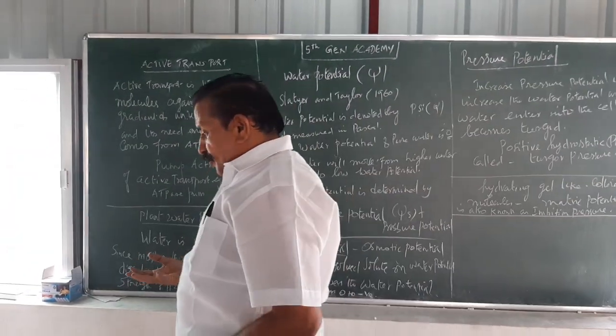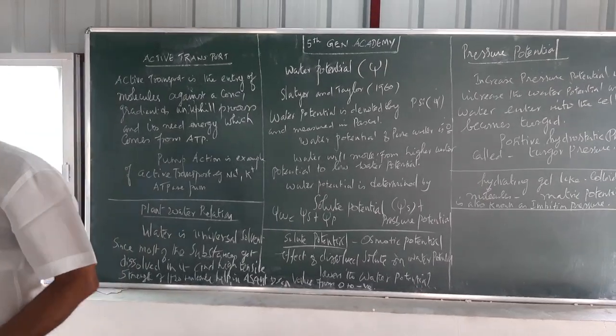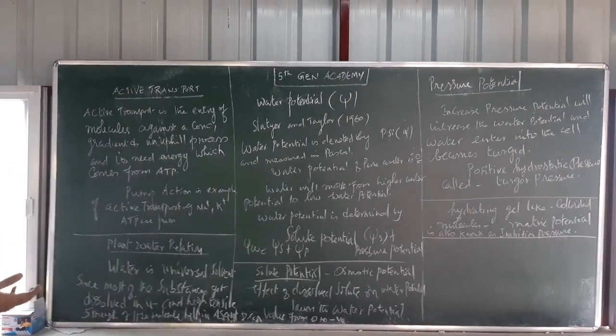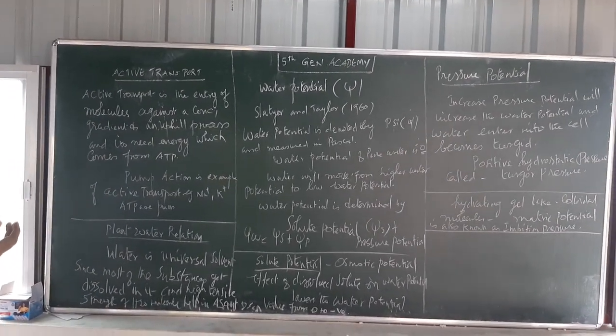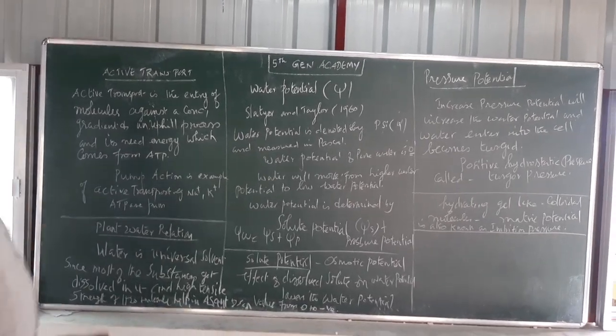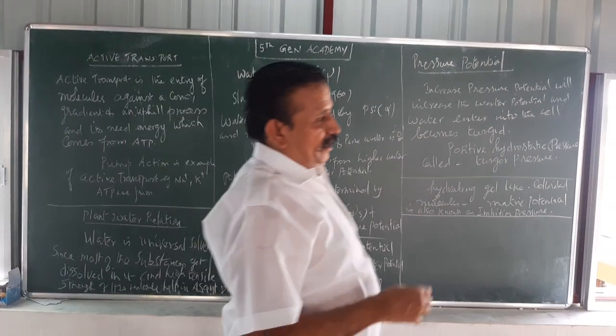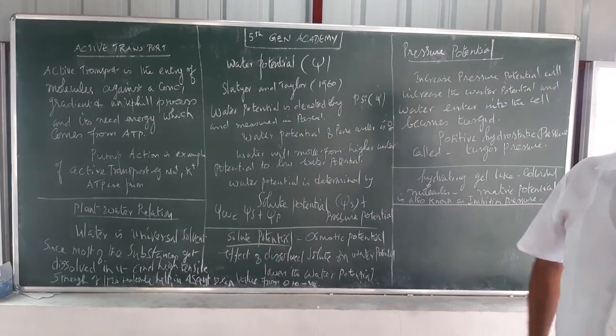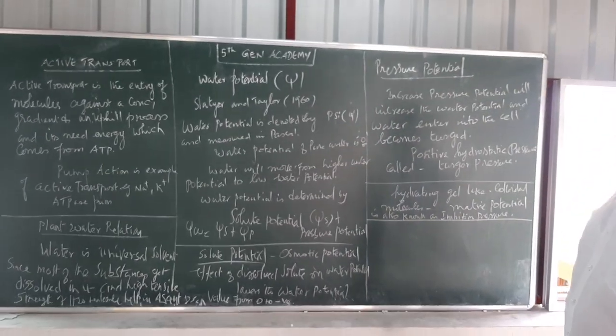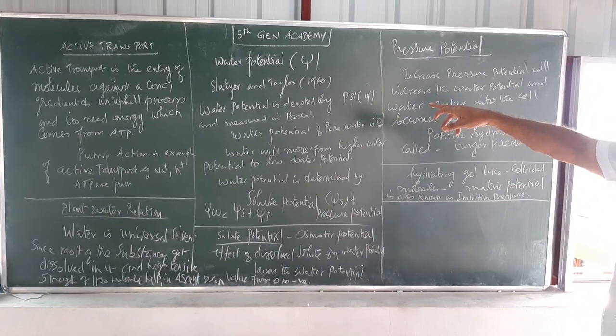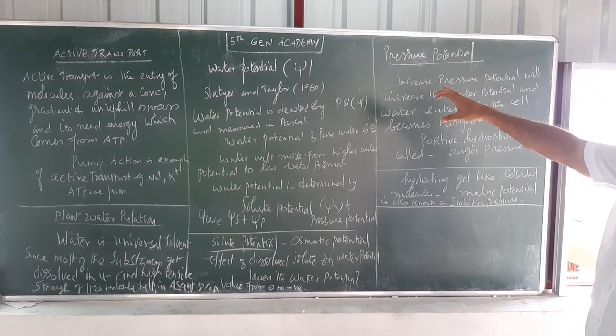The kinetic energy makes possible various processes inside the plant cell. So water potential is very important.